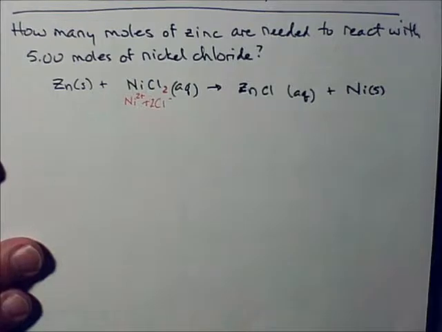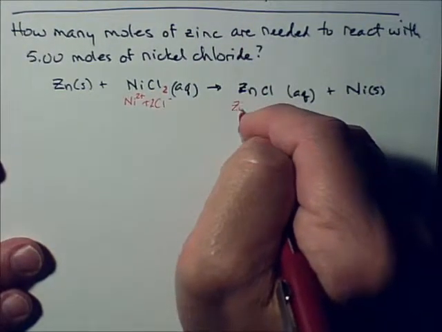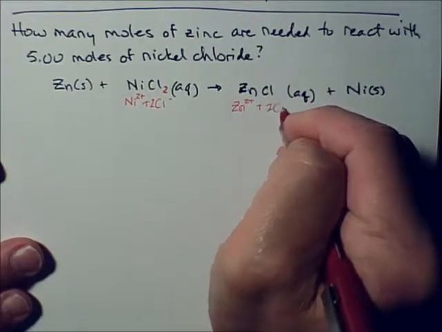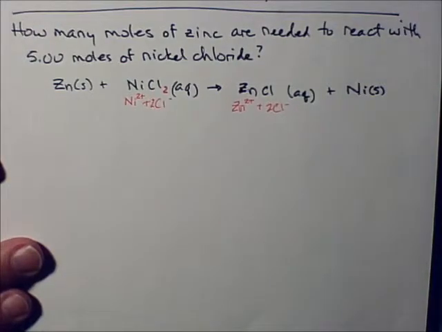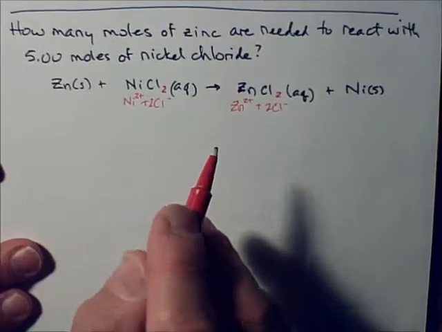This is a single replacement reaction. I hear a lot of talking that has nothing to do with solving this problem. You need all the help you can get. Practice is what you need.